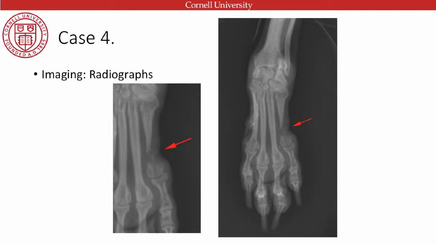And there's a small fragment here, and quite separated as a result of this constriction here. So imaging really helped identify the extent of that chronic wound, and showed that there was an associated osseous lesion secondary to that chronic injury.